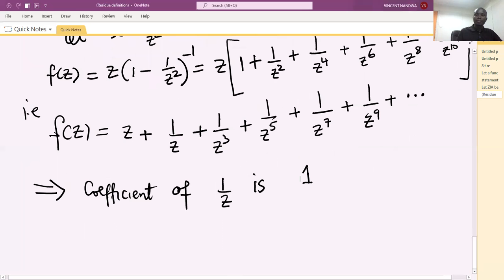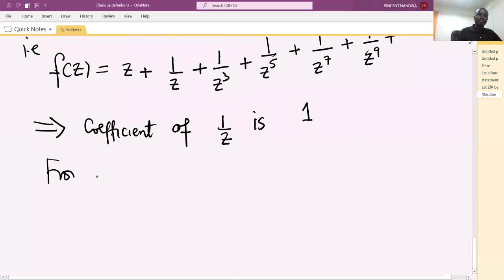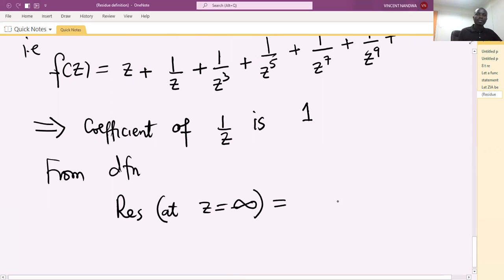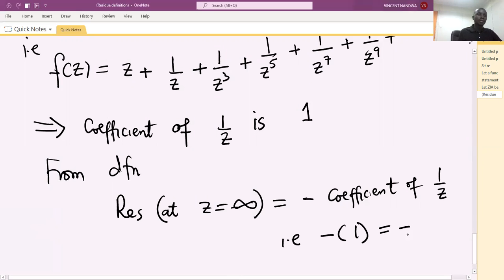So from definition, the residue at z = infinity is given by the negative of the coefficient of 1/z, in this case the negative of 1, which is negative 1.